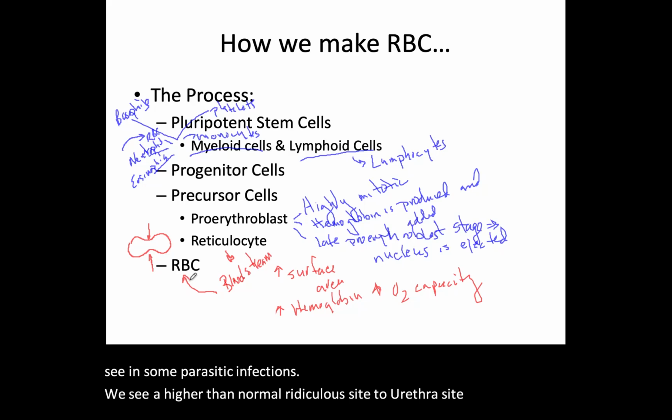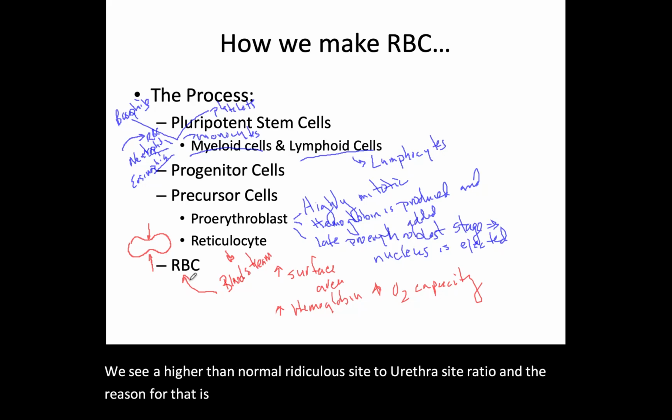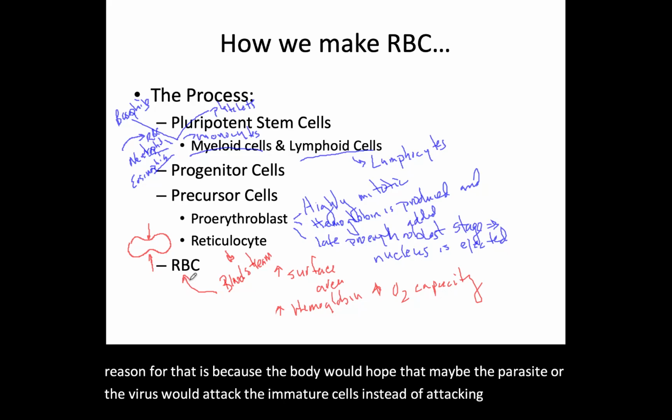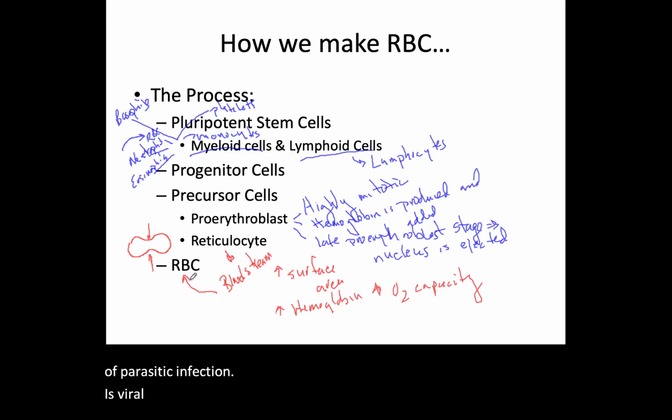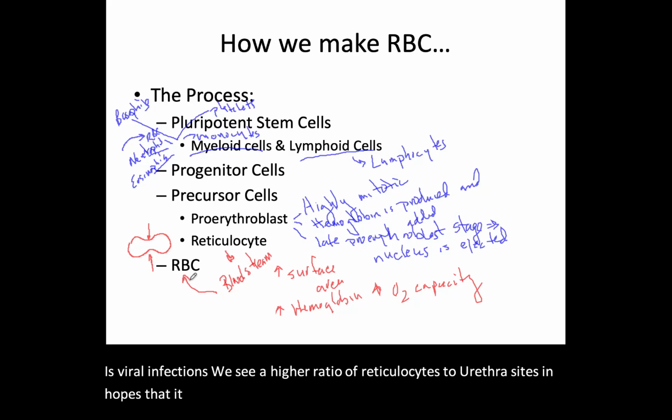The reason for that is because the body would hope that maybe the parasite or the virus would attack the immature cells instead of attacking the fully functioning red blood cells, or erythrocytes. And so sometimes in the case of parasitic infections and viral infections, we see a higher ratio of reticulocytes to erythrocytes in hopes that it will confuse, if you would, the pathogen.